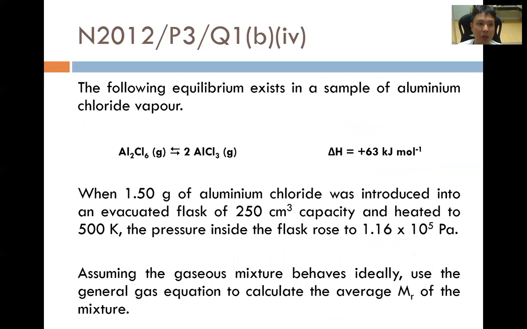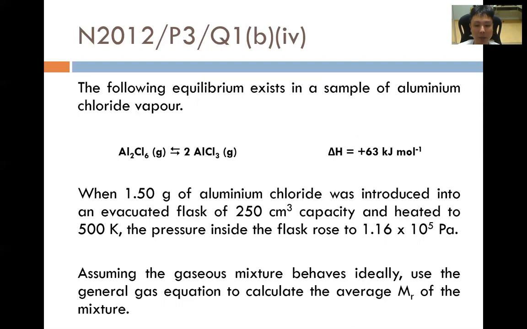On to the next question, November 2012, paper 3, question 1B, part 4. The following equilibrium exists in a sample of aluminium chloride vapor. So the aluminium chloride vapor is this, and when you heat it up, it will actually break up into the AlCl3, the monomer. When 1.5 grams of aluminium chloride was introduced into an evacuated flask of 250 cm3 capacity and heated to 500 Kelvin, the pressure inside the flask rose to 1.16 times 10 to the power 5 Pascal.